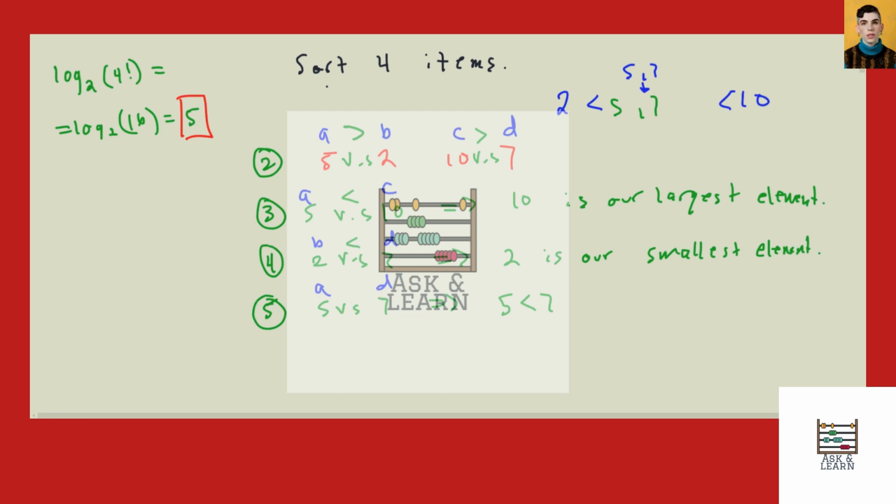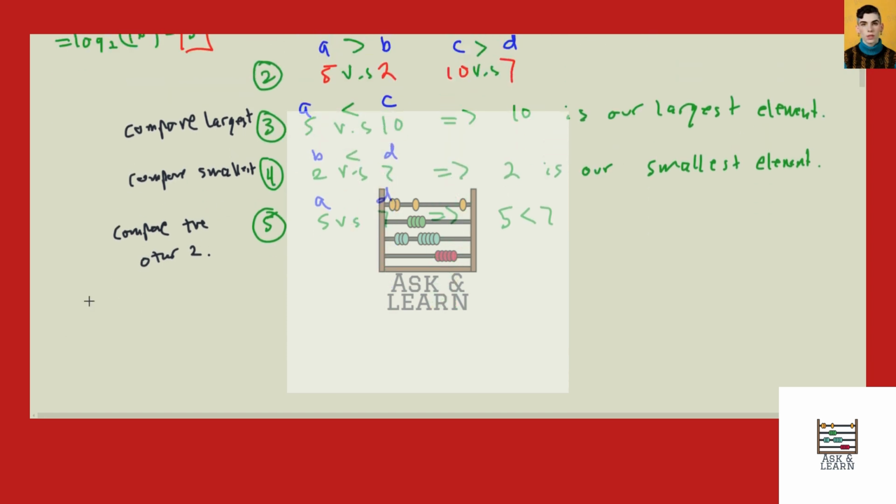So maybe I should write that off on the side here. This is compare largest, compare smallest, and then compare the other two.